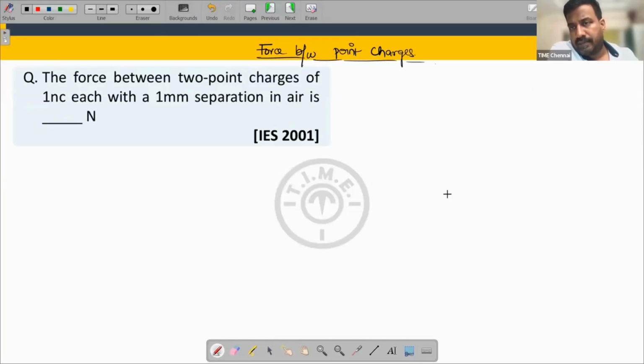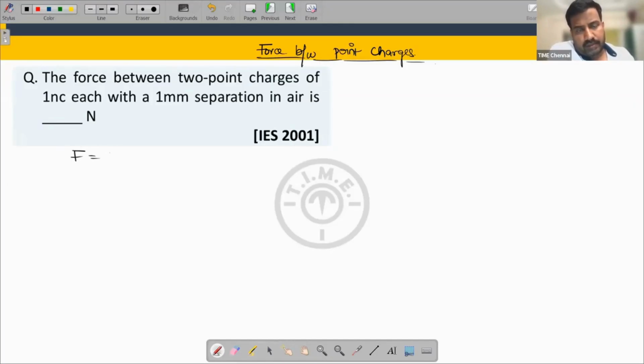Okay, what's the answer? 0.009, 9 millinewton.